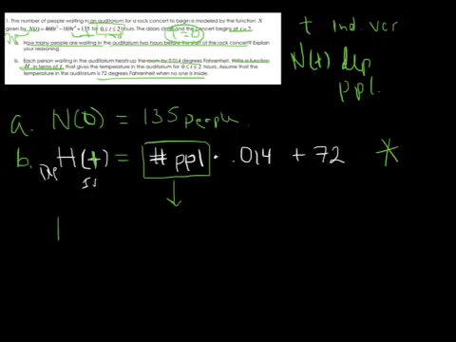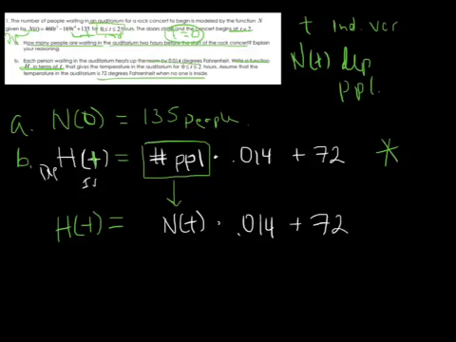What you'll notice is that if I rewrite my equation, h of t, the number of people is simply n of t. And we multiply the number of people by 0.014, and then we add 72. And this is the big realization, that my function that I had before is actually what's going to allow me to compute the number of people.